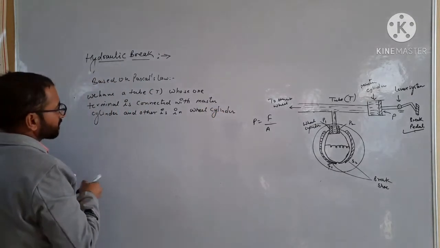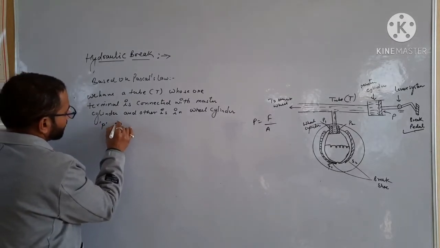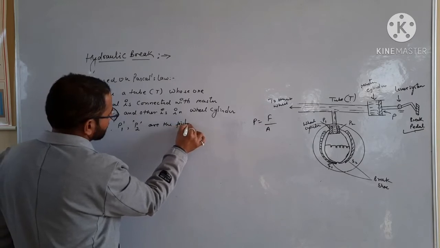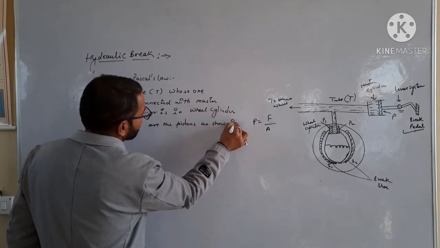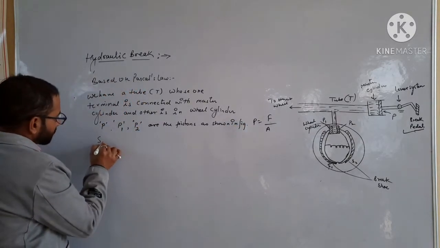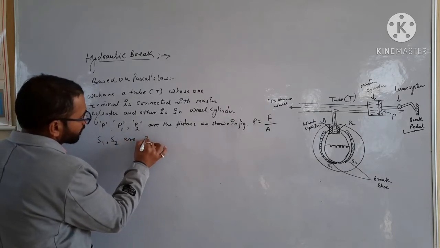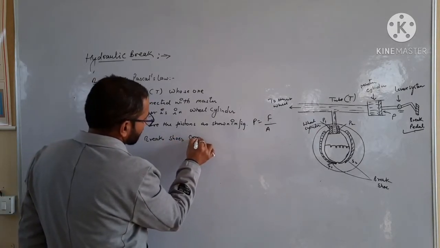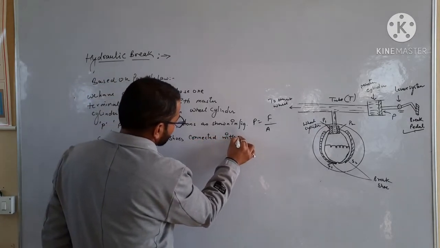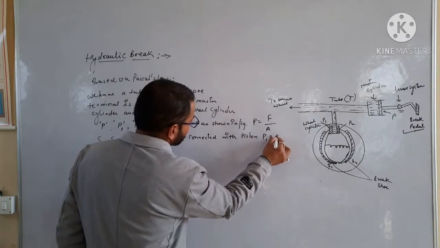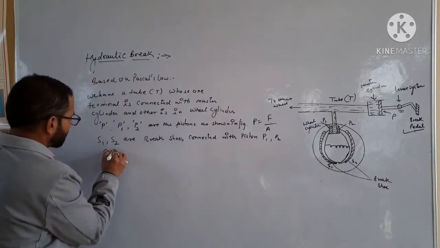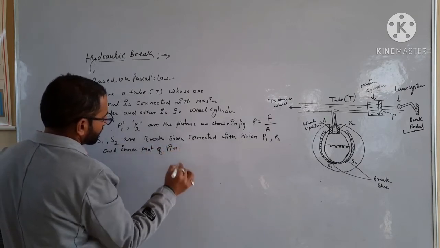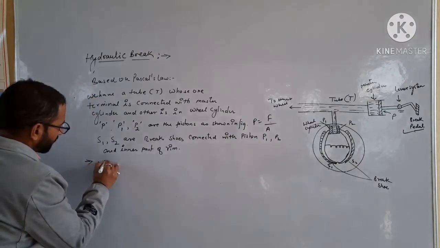Now P, P1, P2, I am writing here in short, are the pistons as shown in the figure. S1, S2 are brake shoes connected with pistons P1 and P2 and the inner part of the rim. Point clear?